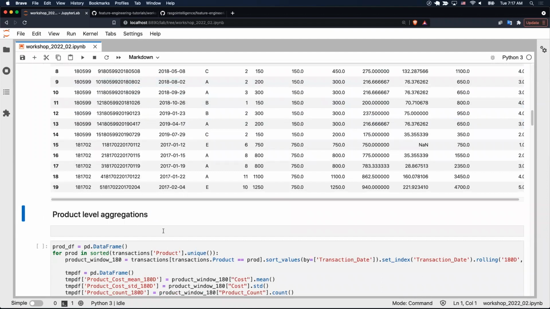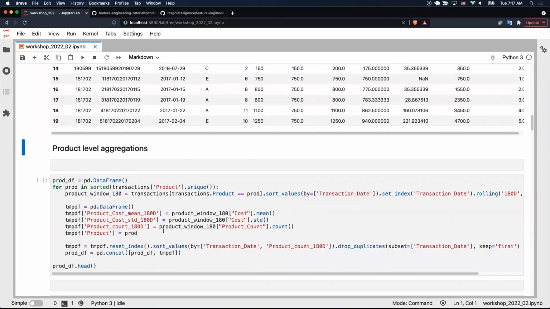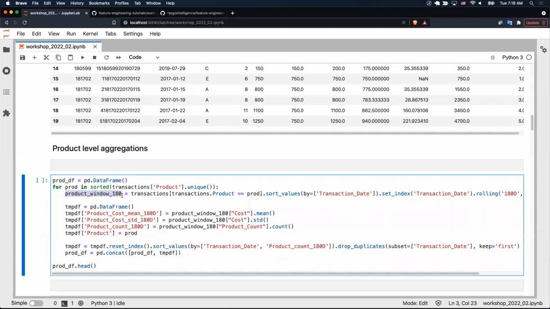Now, this is a little bit trickier simply because rolling has some interesting behaviors. So let's ignore the first few lines and let's talk about this product window 180. It's very similar, except I'm doing it at individual product levels. I'm sorting by the transaction date.